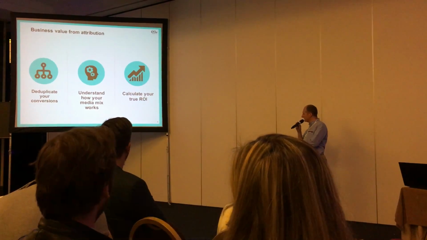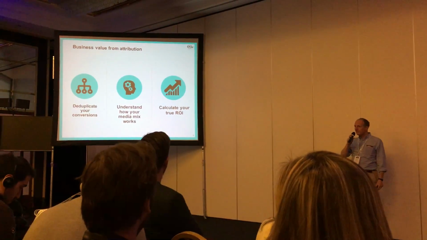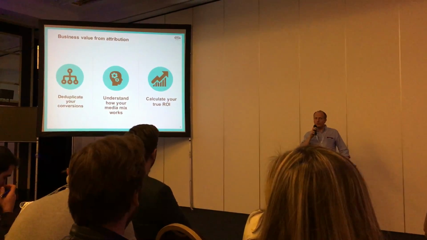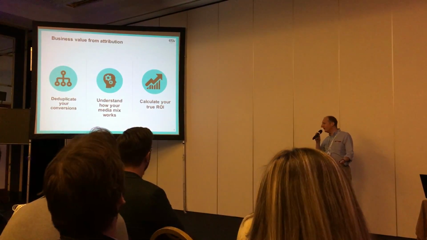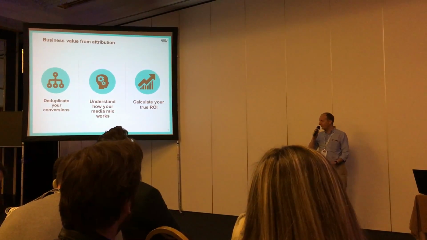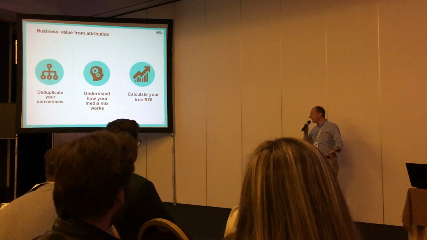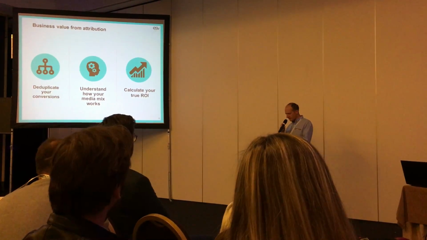Second, it helps you calculate the ROI, the return on investment, of each channel. You want to know if your investment is optimal. And third, by looking at the majority paths and so on, it helps you understand how your various media interact: people who use what channel, what do they buy, what kind of demographics, all that sort of stuff.